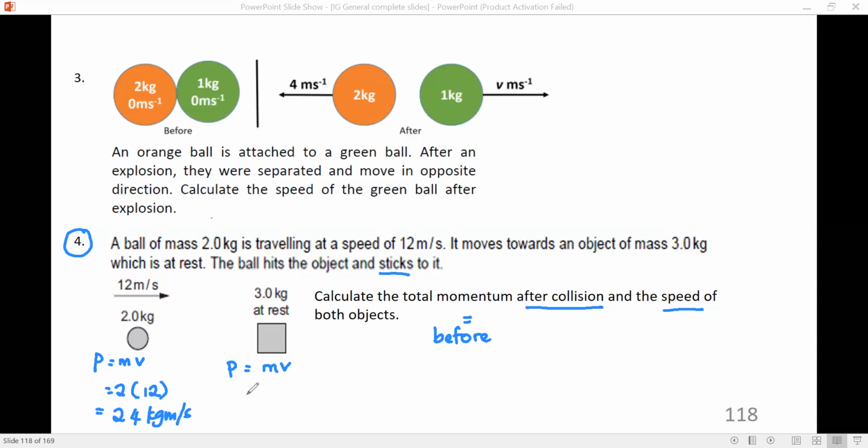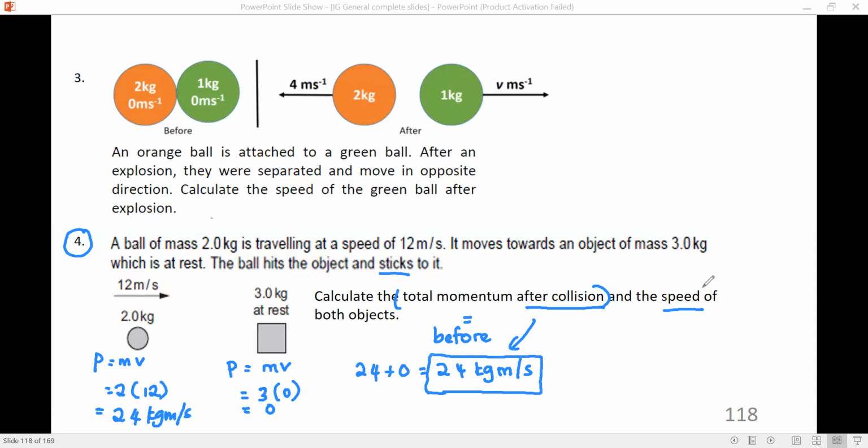For this one, 3 times 0 gives 0. Total momentum is 24 plus 0, which is 24 kg m/s. This is the total momentum before. According to the principle of conservation of momentum, the total before is equal to the total after, so the total momentum after collision is also 24 kg m/s. This is the answer for the first part.